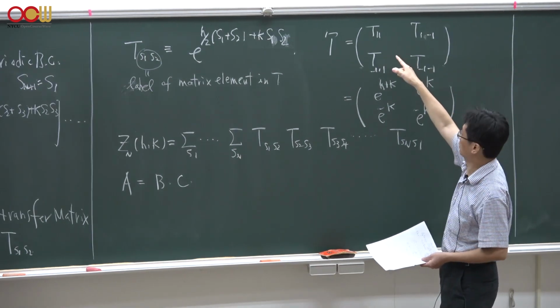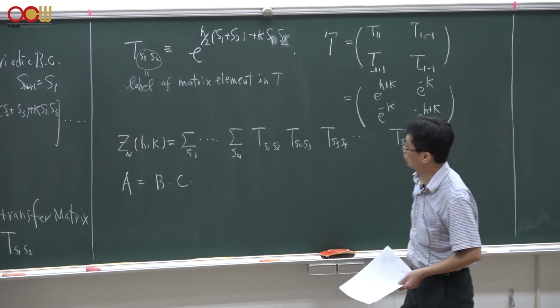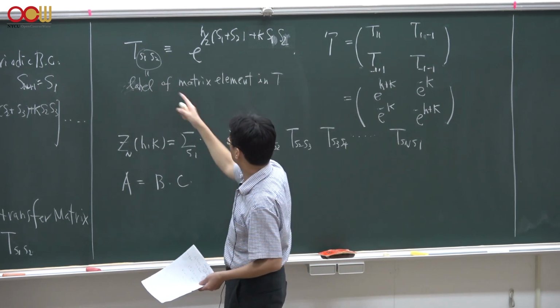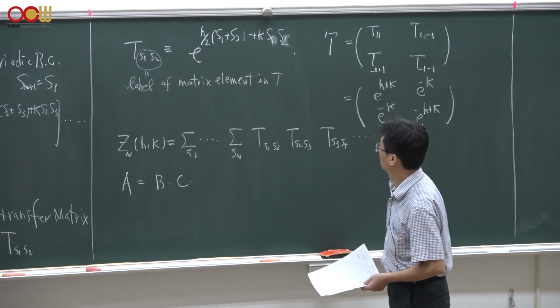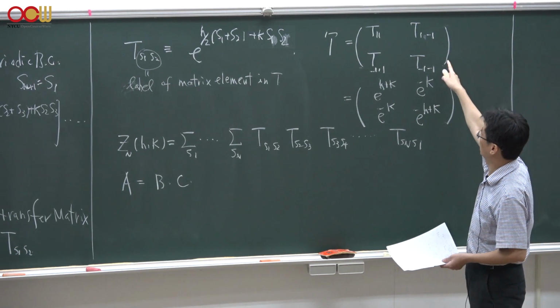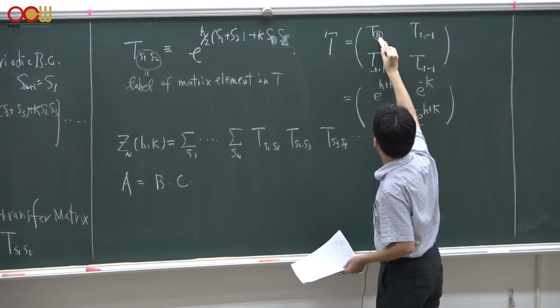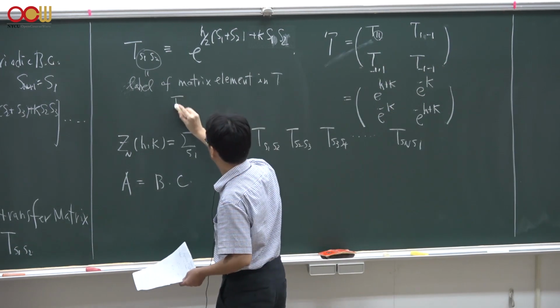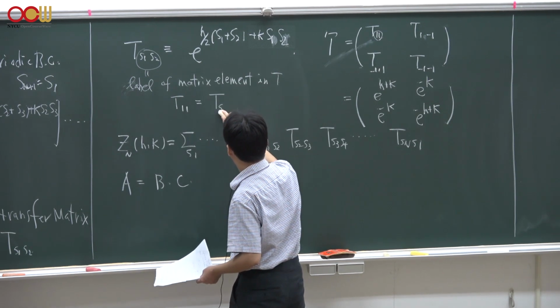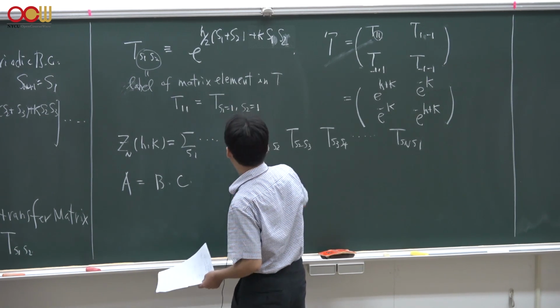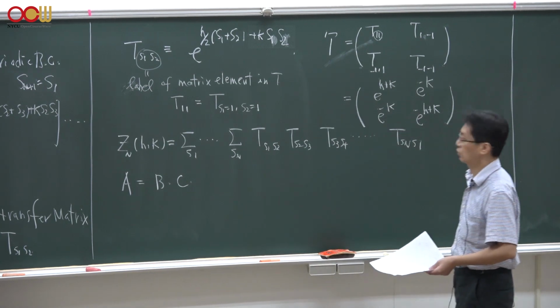We could formally define such a transfer matrix for spin 1 and spin 2 in a 2x2 matrix form like this, where S1 and S2 are the labels of the matrix elements of that 2x2 matrix. For example, when I write T_{11} here, it means that both S1 and S2 take the value plus 1, and so on and so forth.